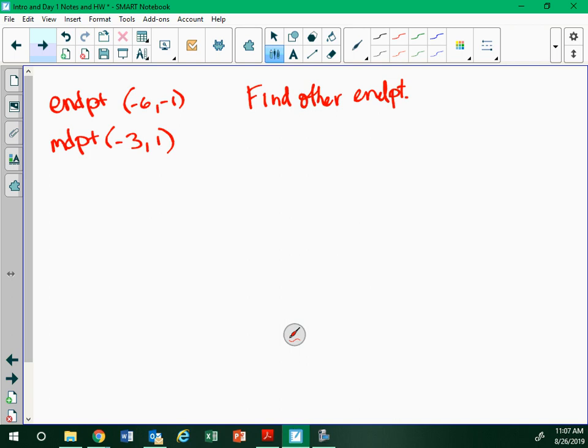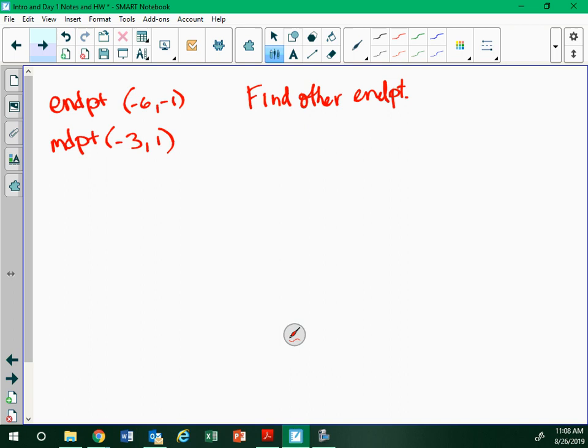Now we've got two formulas to choose from. We have our midpoint formula, and we have our distance formula. Now they've given us the midpoint, but they've only given us one endpoint, so we only have one of these values. With our distance formula, they've given us the endpoint and midpoint.